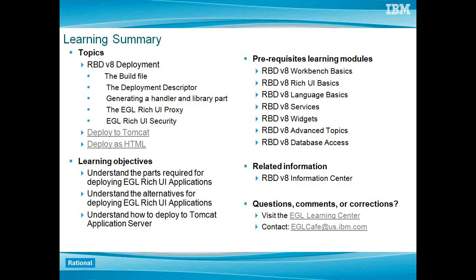Then, once we have configured our build descriptors and we have set down our handlers, libraries, and other settings, we will deploy it on a Tomcat server, or we will deploy it in standalone HTML. In the deployment version of HTML, it will run as a standalone application.